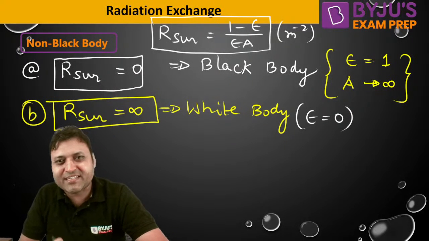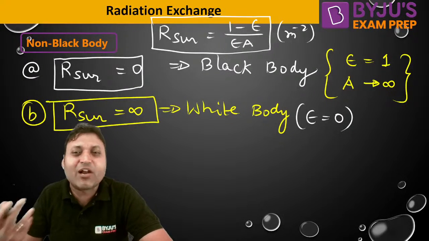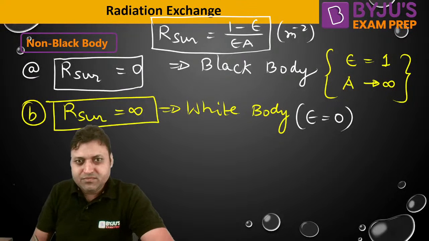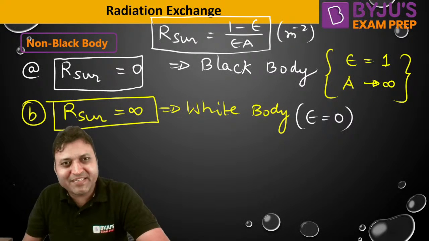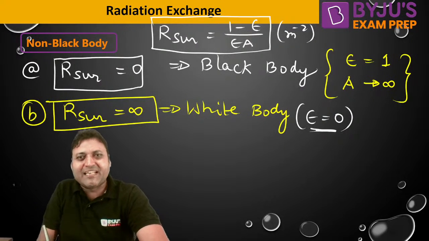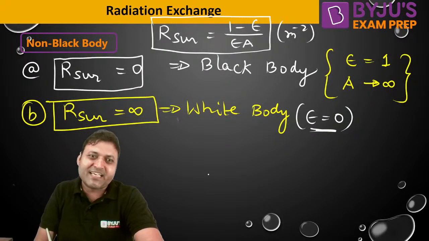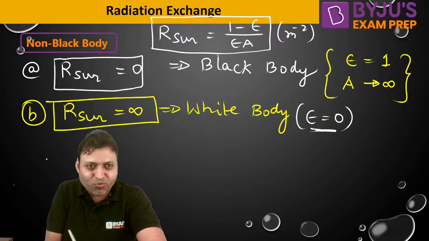There is only one condition. Area cannot be 0. Area can be very large, but area cannot be very, very small, because without having a surface area, the radiation cannot be possible. Radiation needs a surface area because radiation is a surface phenomenon. The only condition is when epsilon is equal to 0, then the surface resistance will become infinite and the body will be called a white body.